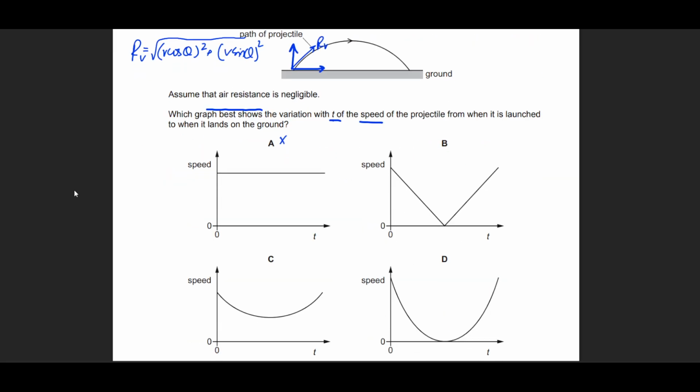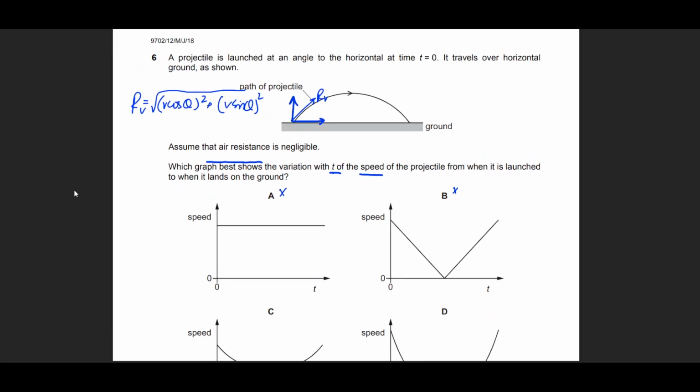So first I will reject options A and B and not even think about it, because these are giving straight line answers. And this whole equation doesn't have a single power over it that is going to let us think that this is going to be a straight line. Second thing, when it reaches the highest point, the only component remaining will be v cos theta. And at the end of its life, it will be v cos theta and then a v sin theta again, right?